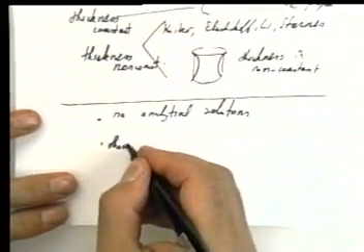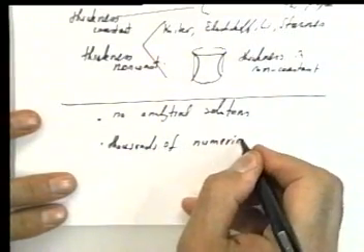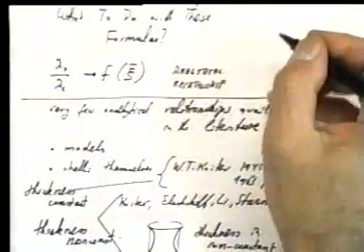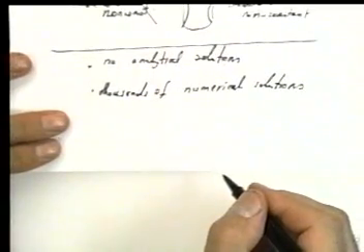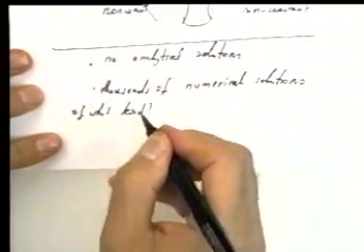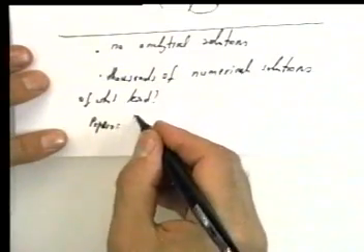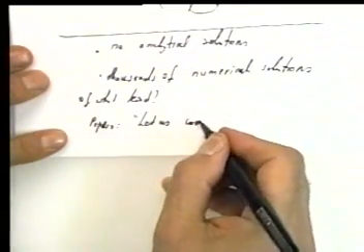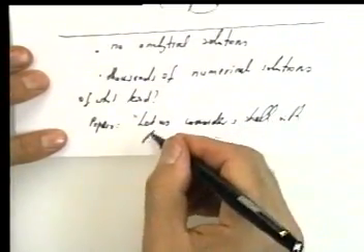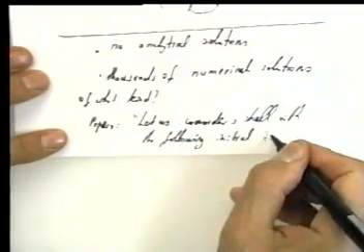There are thousands of numerical solutions. So what kind? That is a question. What they say is as follows. Papers start as follows: let us consider a shell with the following initial imperfections.